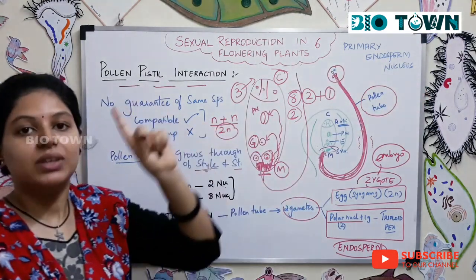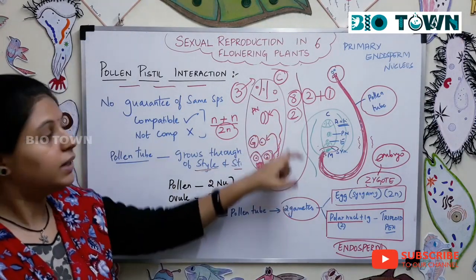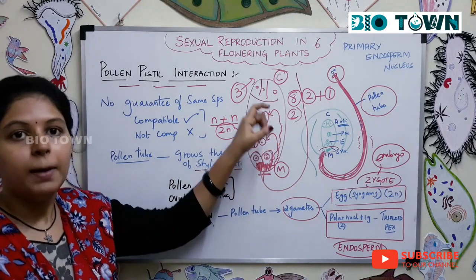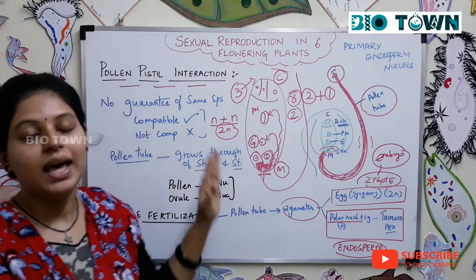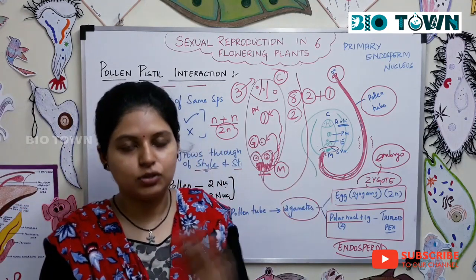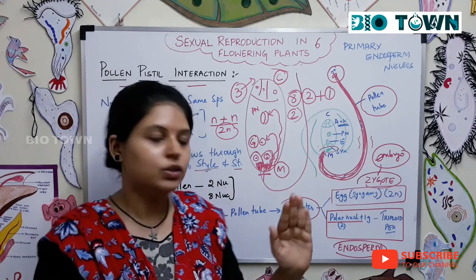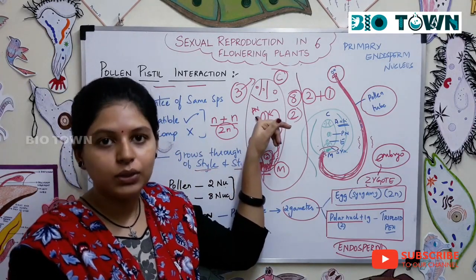Now first, the generative nucleus goes and fuses with the egg, and the vegetative nucleus goes and fuses with the polar nuclei. So fertilization happens twice, and this process you call double fertilization or dual fertilization. First is the fusion with the egg, next is the fusion with the polar nuclei.